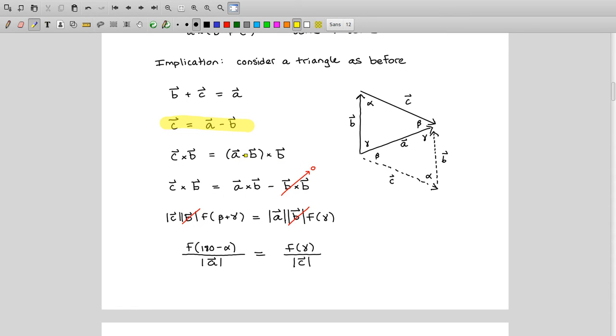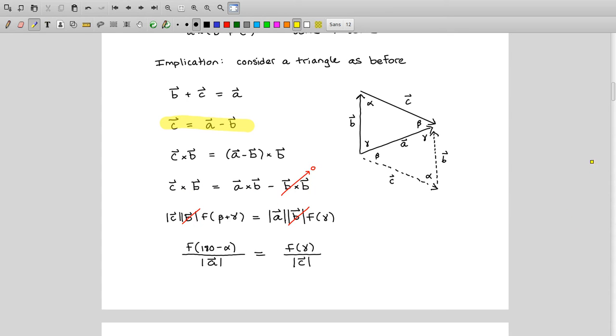By the distributive property, this right-hand side becomes a cross b minus b cross b. We're getting a little ahead of ourselves, anticipating that b cross b is going to be 0, because otherwise, how do you define the direction? So we'll use that anticipated fact to cross off b cross b. That tells us that c cross b must be a cross b.